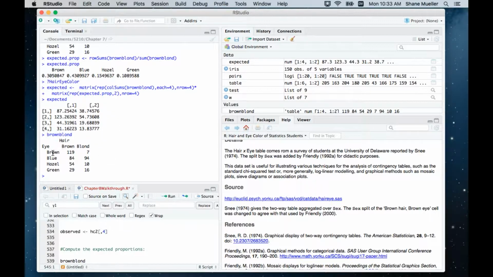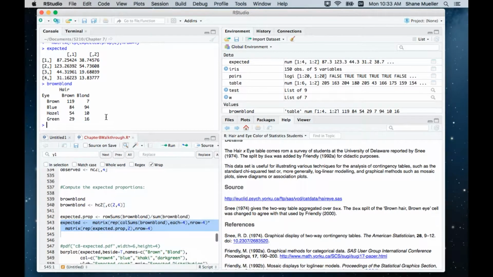So if the brown hair was equally proportionate to the marginal means, which is the average here, and if blonde and brown were equal, you'd expect 87 and 38, and you'd expect 123 and 54. So here's the expected number, here's the actual number.